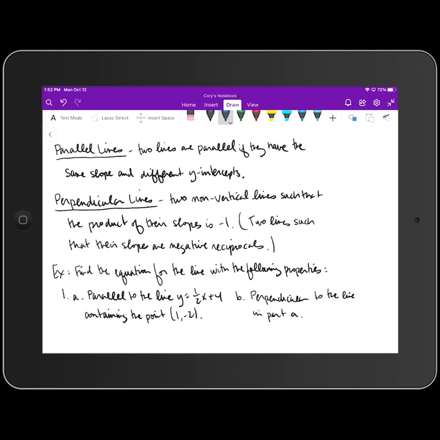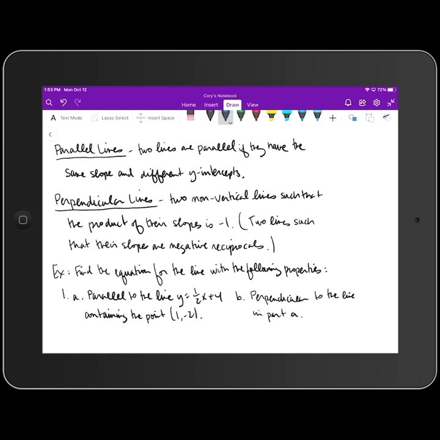And then perpendicular lines, we say that perpendicular lines are two non-vertical lines such that the product of their slopes is -1. Okay, so again, two lines are perpendicular if the product of their slopes is -1.